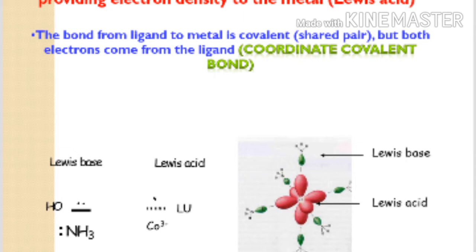Ammonia is a neutral molecule, but the nitrogen in ammonia contains a lone pair of electrons, and it donates its own lone pair to the central metal, the cobalt ion. Therefore, the bond between ammonia and cobalt is a coordinate covalent bond.